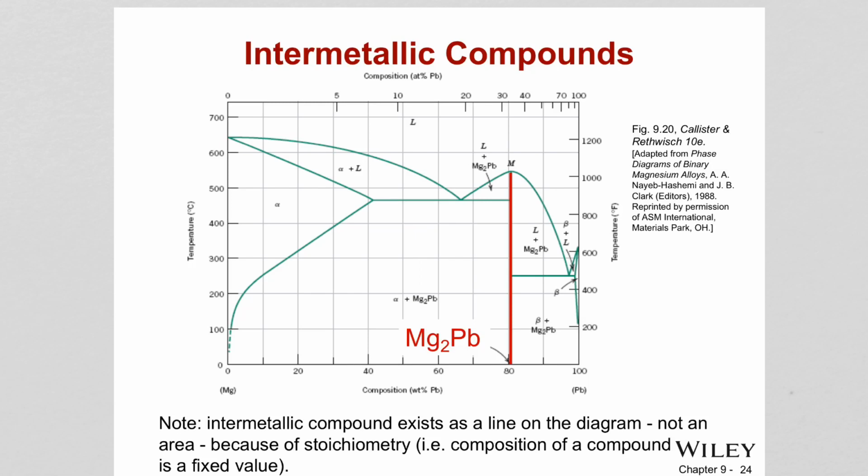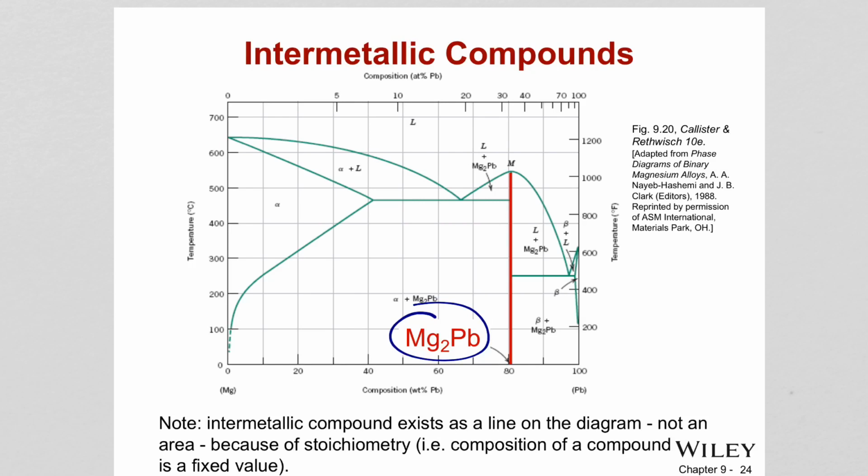As you can see here, in the lead and magnesium phase diagram, we are seeing a compound which is 2 magnesium coming together with 1 lead element. So it is magnesium 2 lead. This is the name of the intermetallic compound.